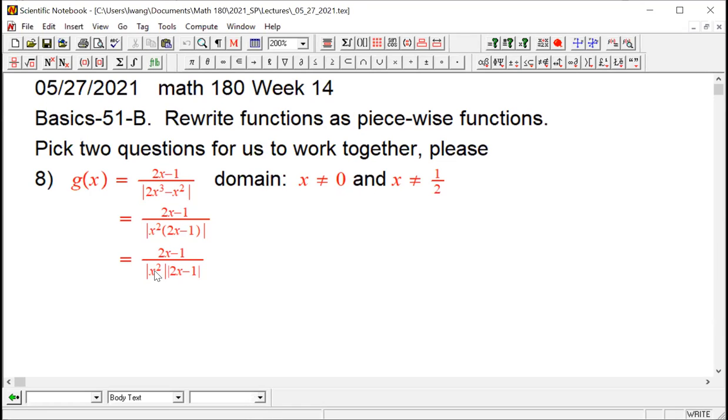Because x squared is always positive, the absolute value on x squared can be dropped. Do you guys see that? Because x squared is always positive in this case.